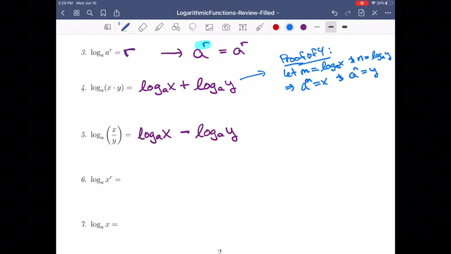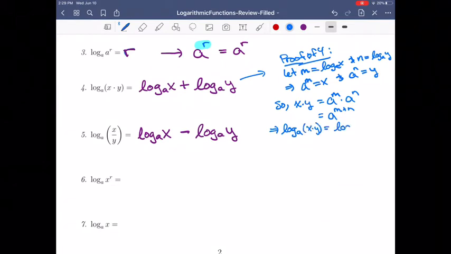So if I think about x times y, this is going to be a to the m times a to the n. Using the exponent rules, it's a to the m plus n, because I add the exponents when I multiply with the same base. So log base a of x times y is log base a of a to the m plus n.